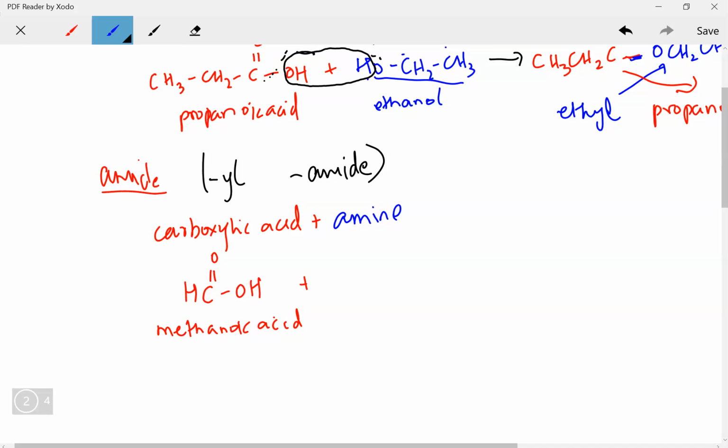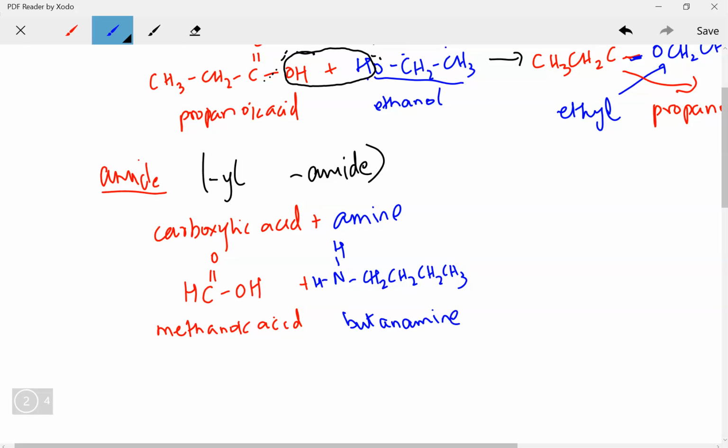Let's get an amine. Let's do NH2. I've just drawn the H out so that I can eventually take a CH2, CH2, CH2, CH3. So sorry, that's butanamine. We know that because there are 4 carbons, so butan, and then NH2 means amine.